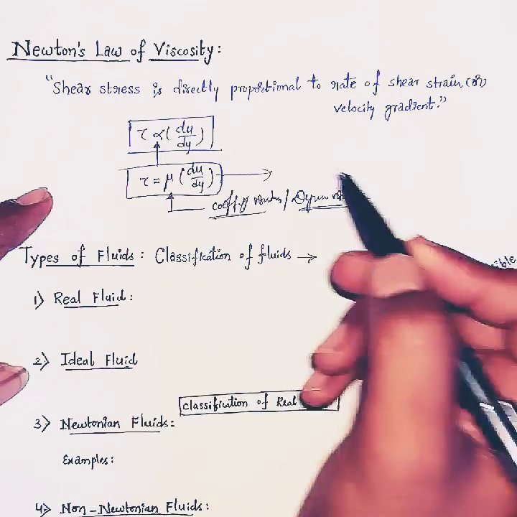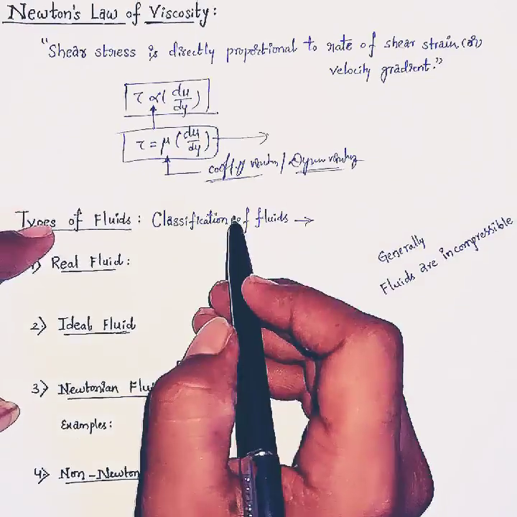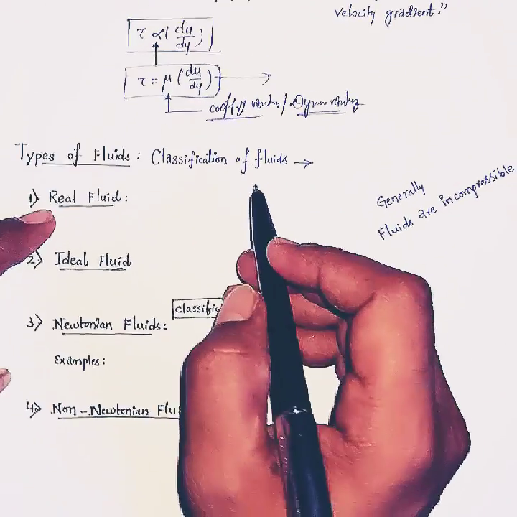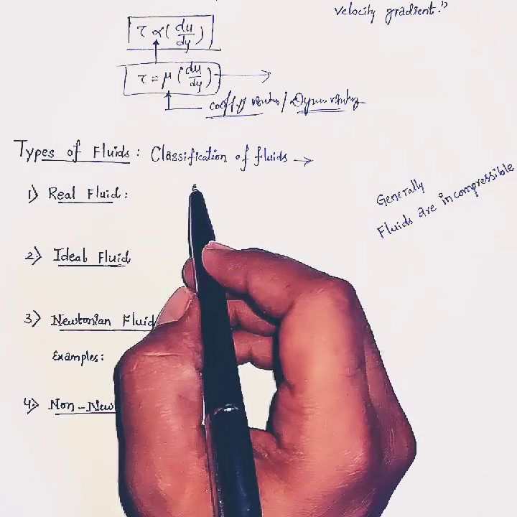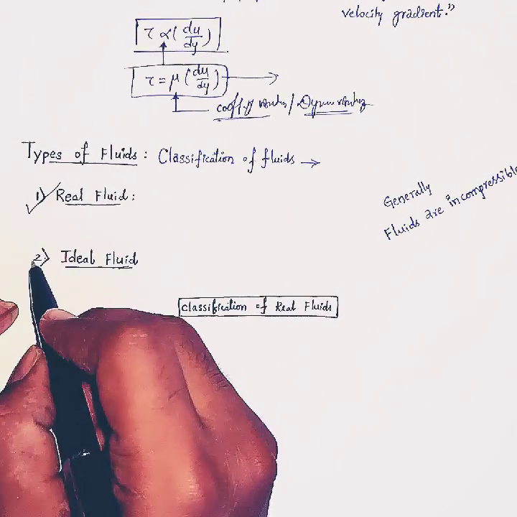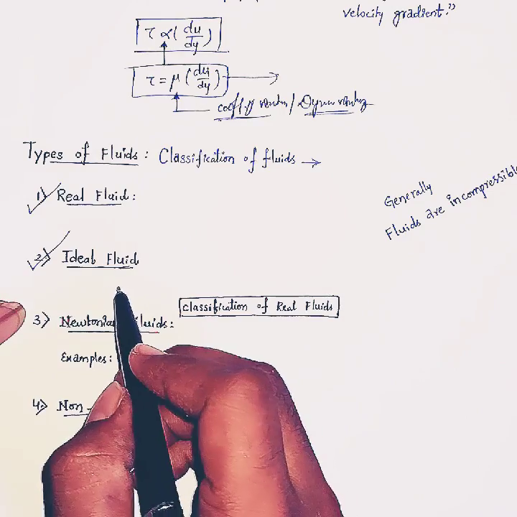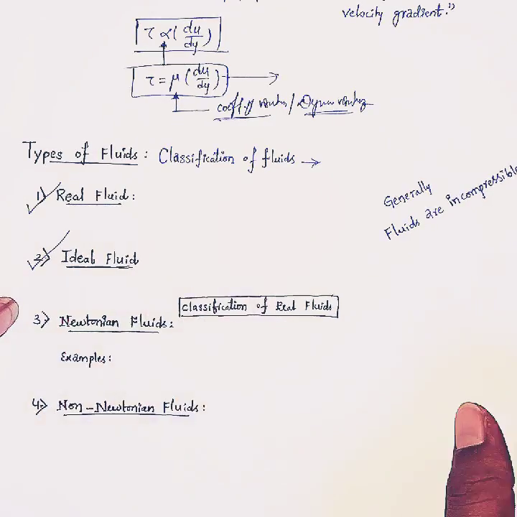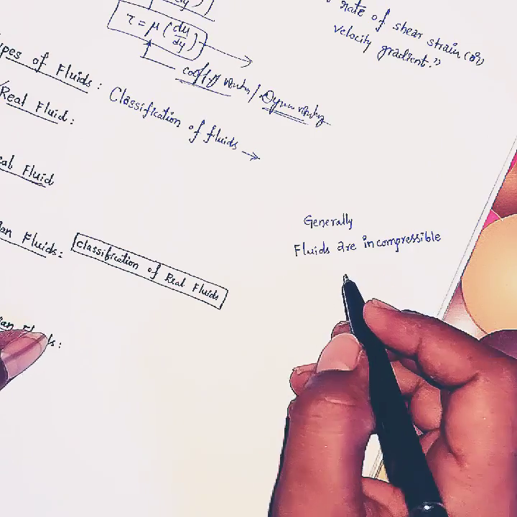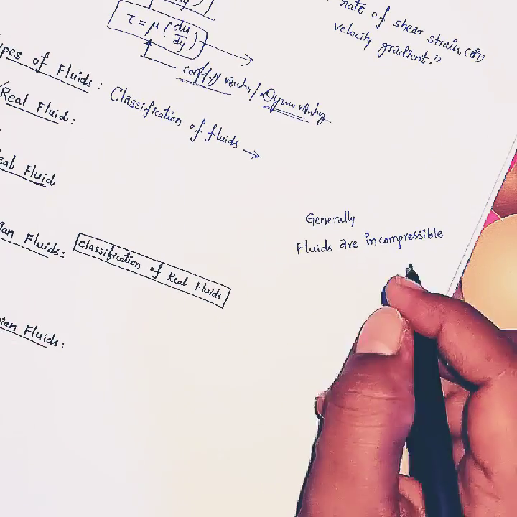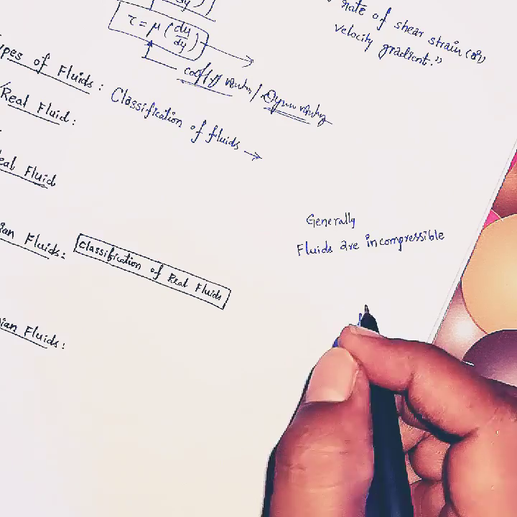So let's discuss the classification of fluids here. Fluids are generally classified into two types, that is real fluids and ideal fluids. Before going into this classification, first we should know that fluids are incompressible. Everyone knows that fluids are incompressible, but they don't know the reason why.